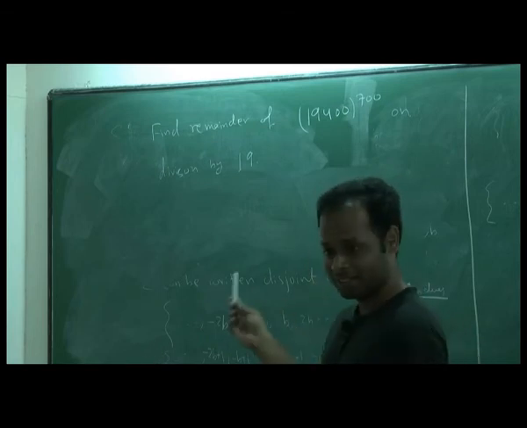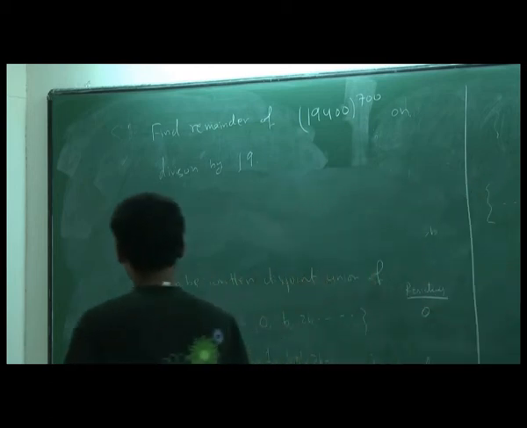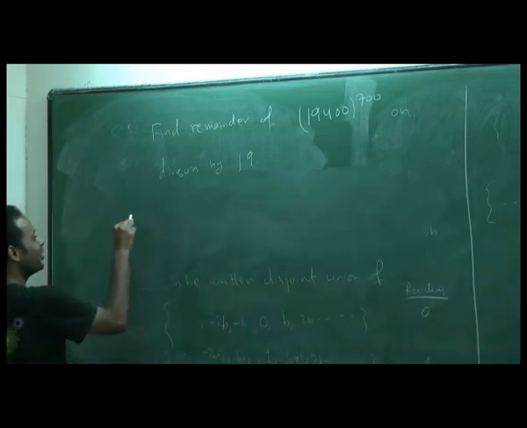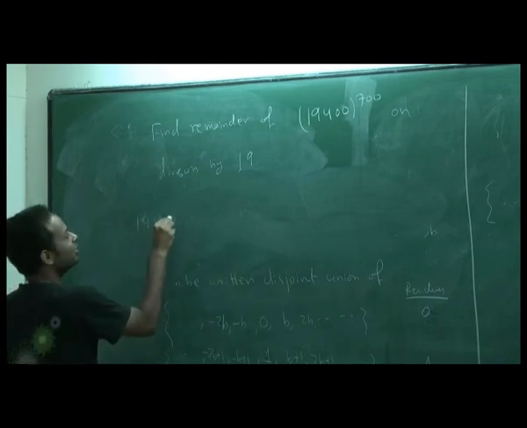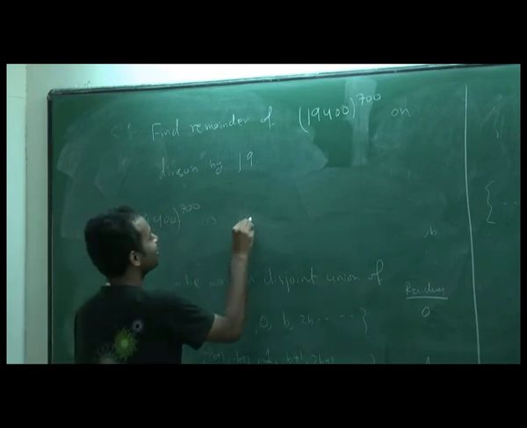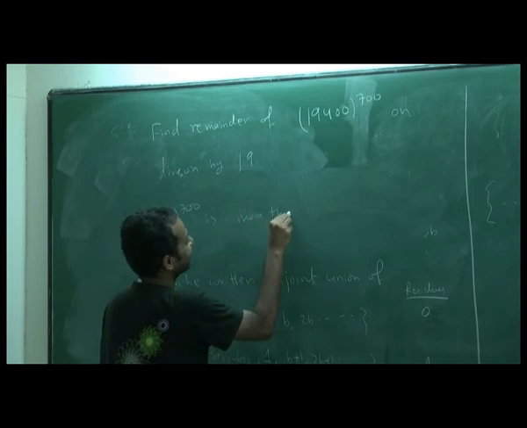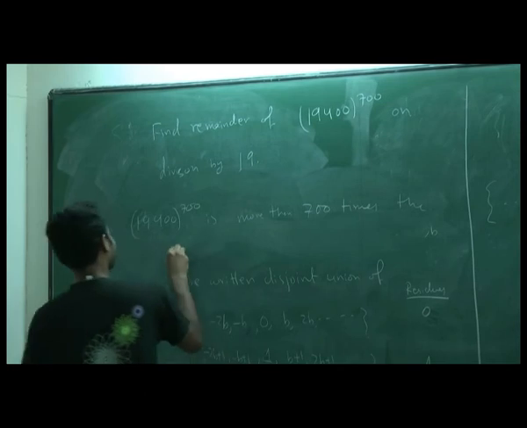So this number is something more than 7,000 times the number of atoms in our universe. Okay, so 19400 power 700 is more than 7,000 times the number of particles in our universe.